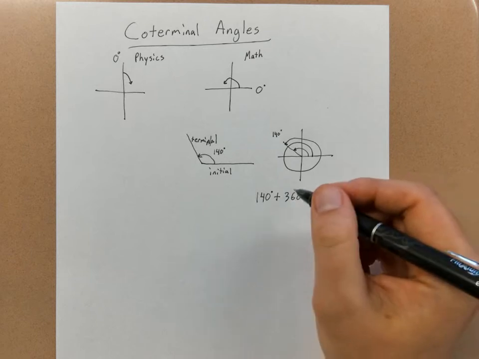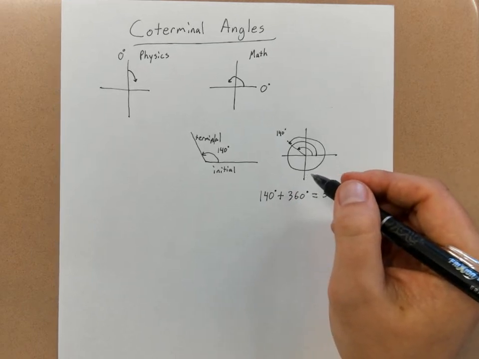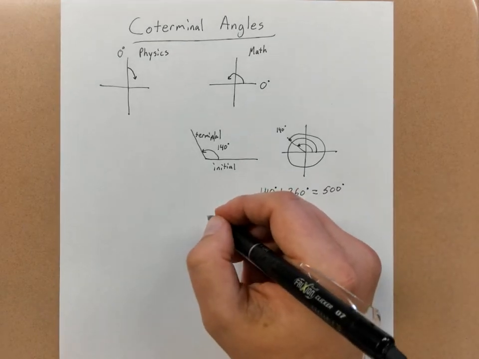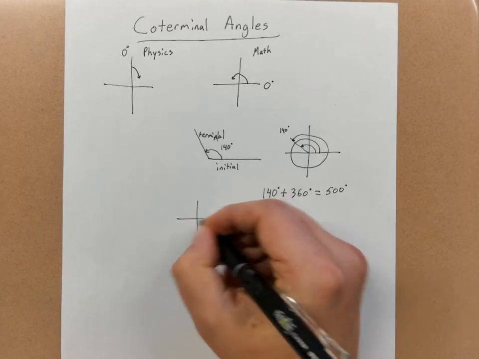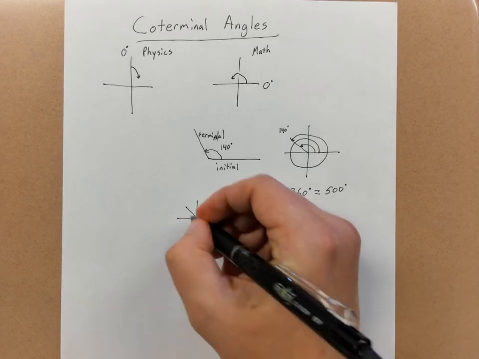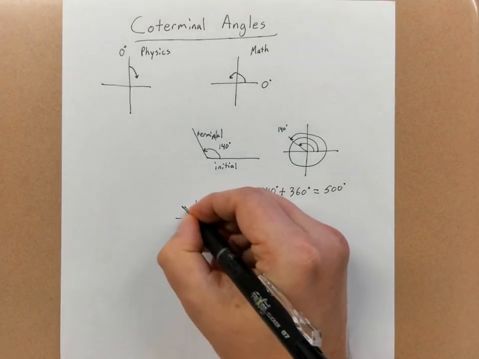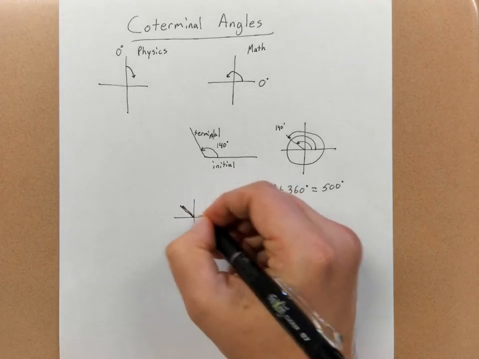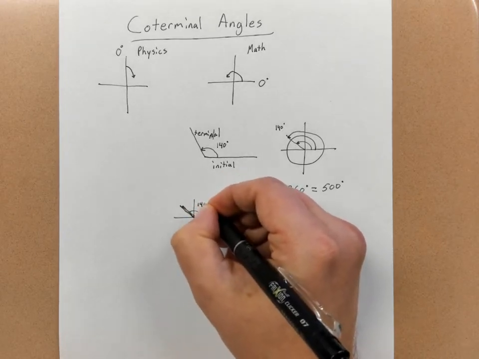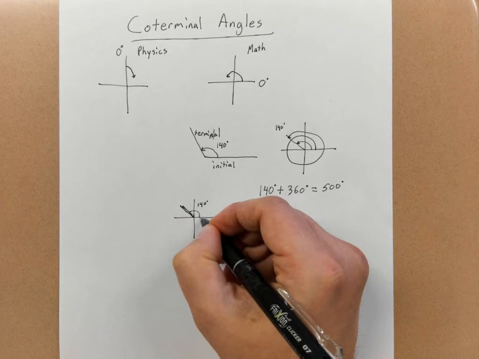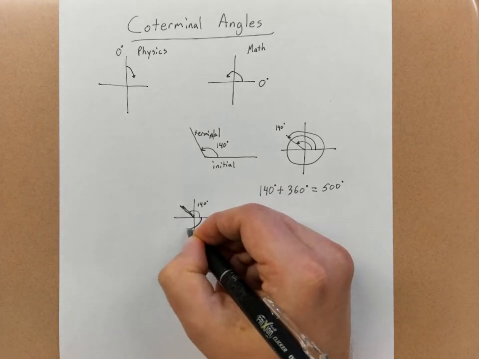Now another way that you can find the coterminal angle is to go in the opposite direction. So let's say I had the same thing, we'll go with 140 degrees, somewhere out there. If this angle is 140 degrees, what I could do is instead go backwards in the negative direction.